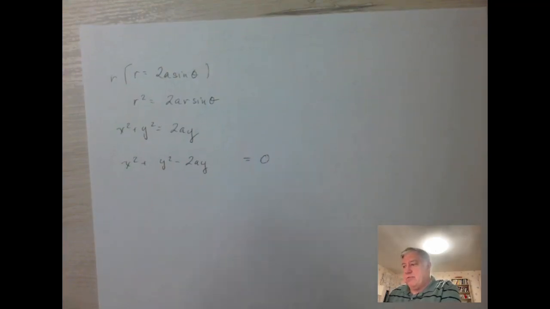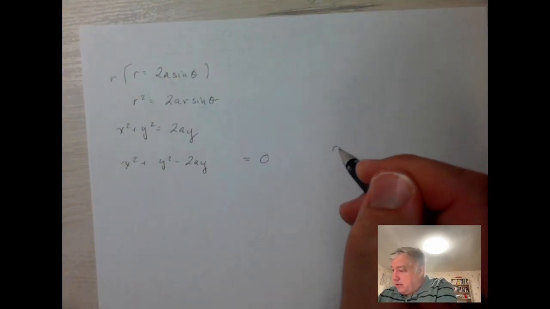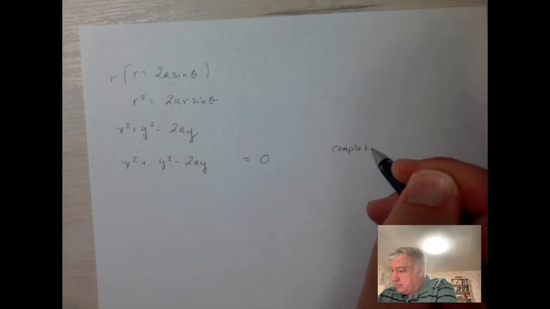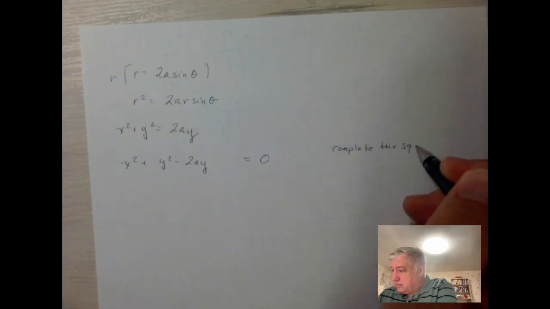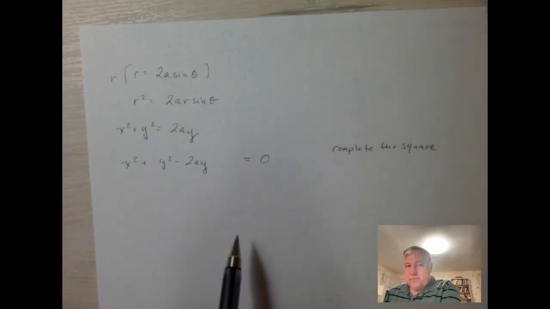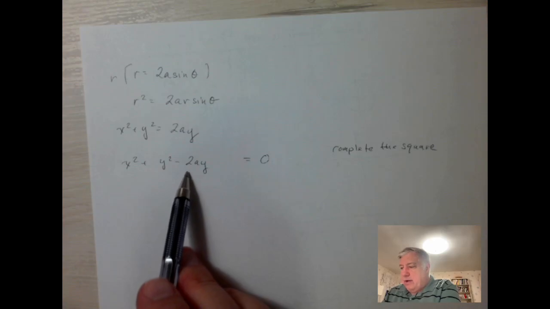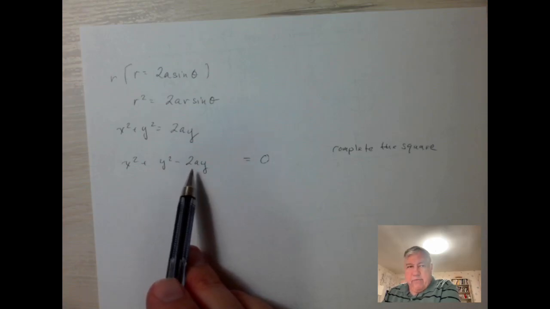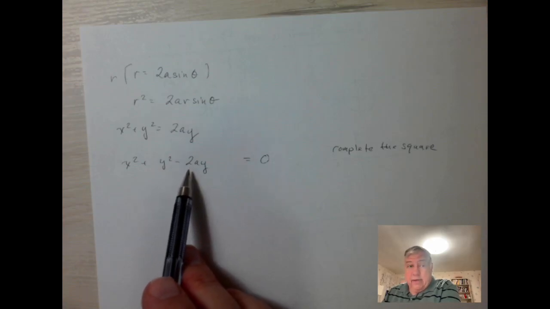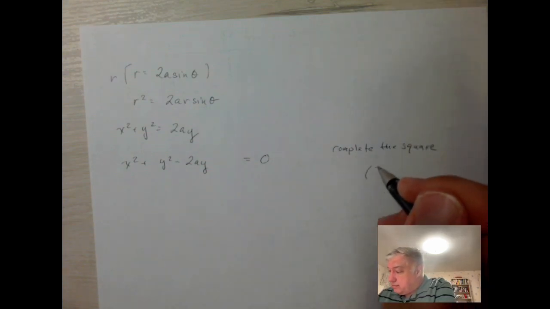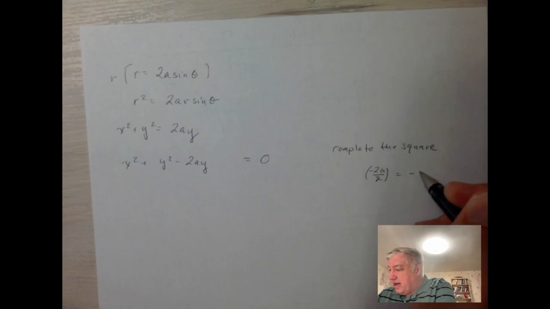But now we're going to complete the square. So remember how we do that. If we take the minus 2a, we divide by 2, minus 2a divided by 2 is minus a, and then we square it, we get a squared.